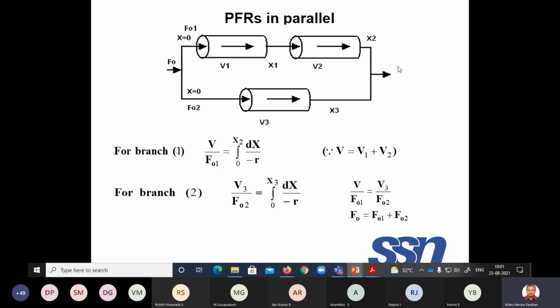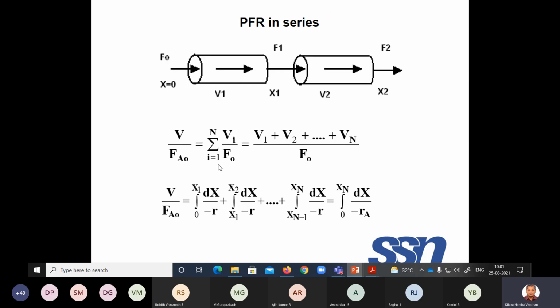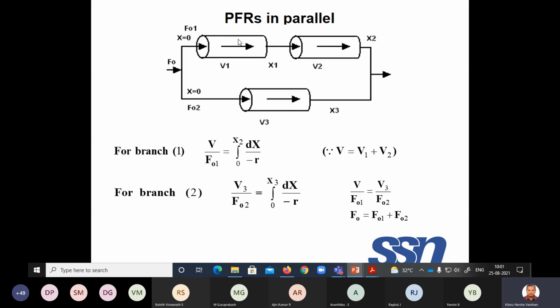So in a parallel combination, the flow rate will always be distributed accordingly. That is what is given here. If two reactors are in series, you can put two reactors in series, and along with these two reactors, there is one big reactor which is in parallel to this, where V1, V2, V3 are the volumes of the reactors.